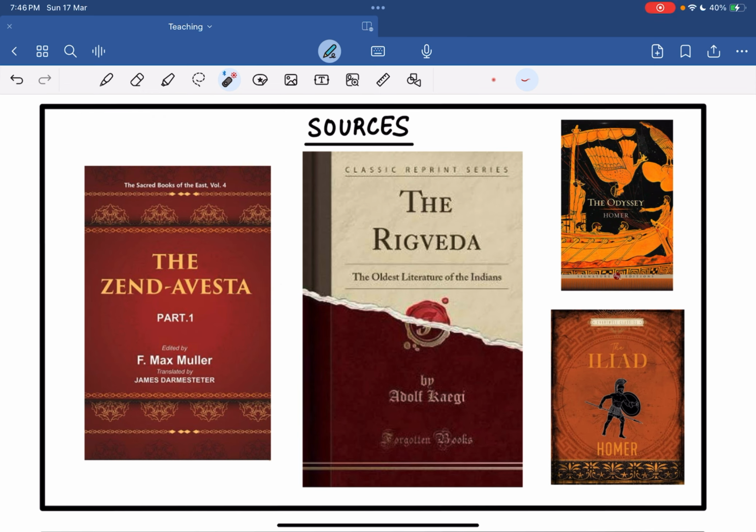With the Zend Avesta, historians draw correlations, similarities or differences pertaining to mythology, rituals, culture, religious beliefs and practices, literature and grammar. Another indirect source is Homer's Odyssey and Homer's Iliad. So this was it about the sources.